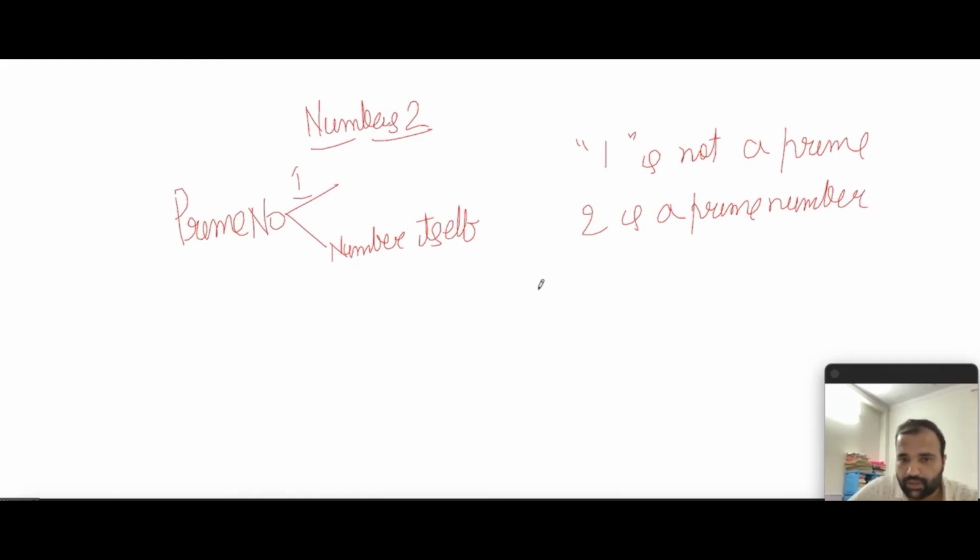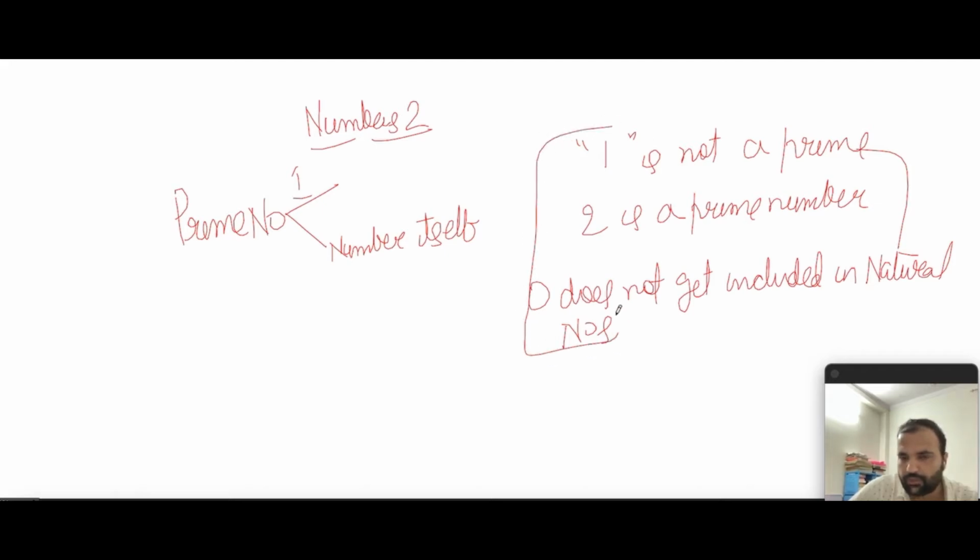And also remember 0, we have studied this before as well, I'm just giving a brush up. 0 does not get included in natural numbers. Very important, because there are lots of questions that you will find with such themes. So it's very important to remember all of these things anytime.